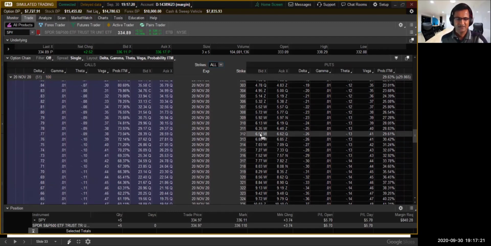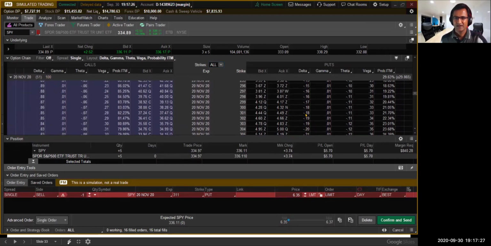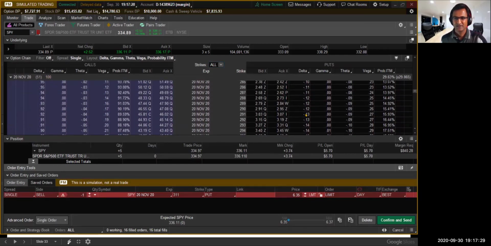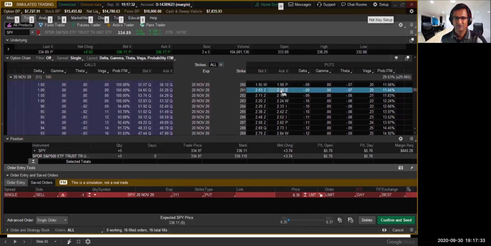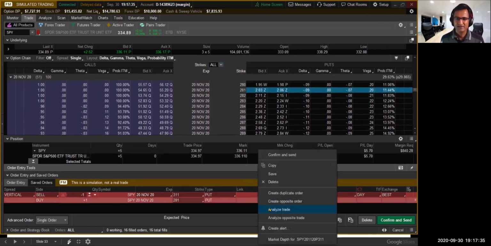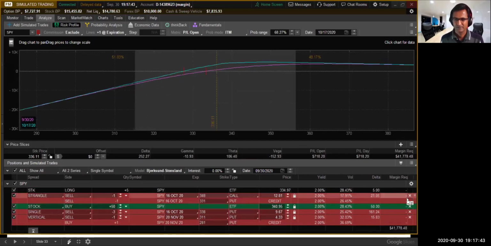Say I sell this 40 delta put, and I buy this 20 delta put. So this will give me the additional 20 deltas, which I want. Get it?